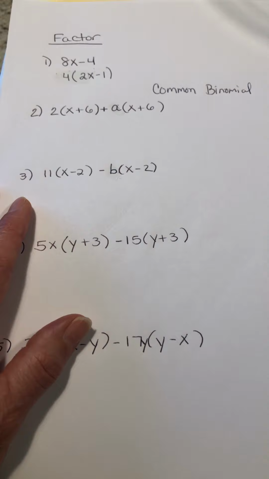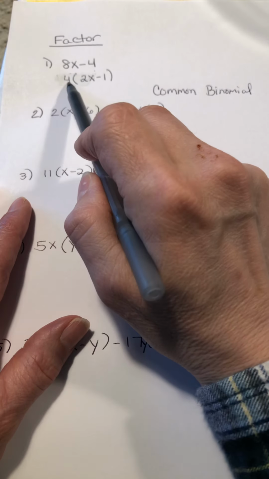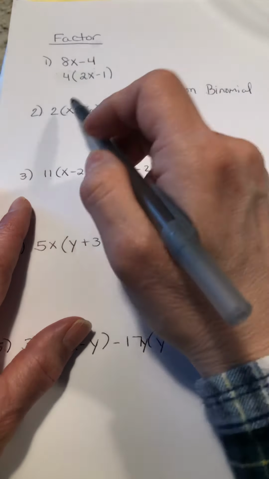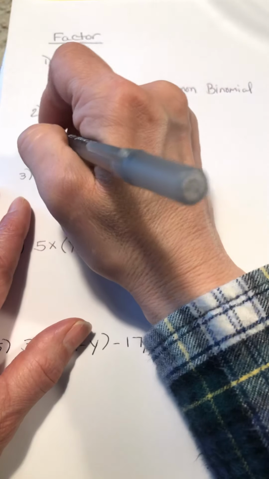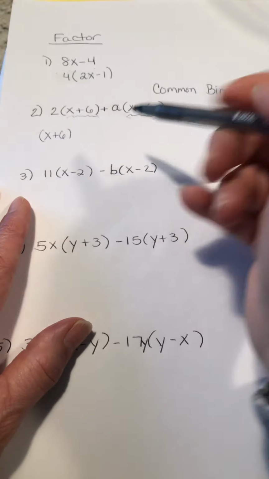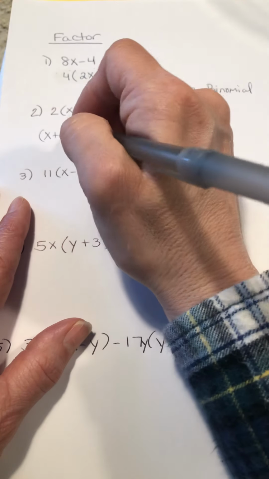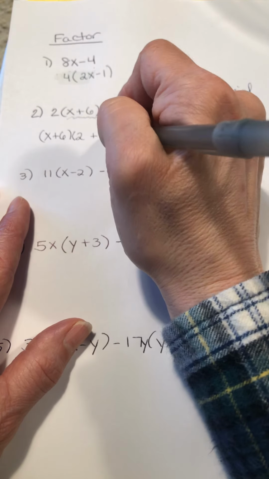When we have a common binomial, we factor it just like as if it were a GCF. So over here, I pulled out my GCF and I put it on the outside of the parentheses. I'm going to do the same thing here. My common factor is a binomial. It's x plus 6. And then what I have left over is 2 plus a.